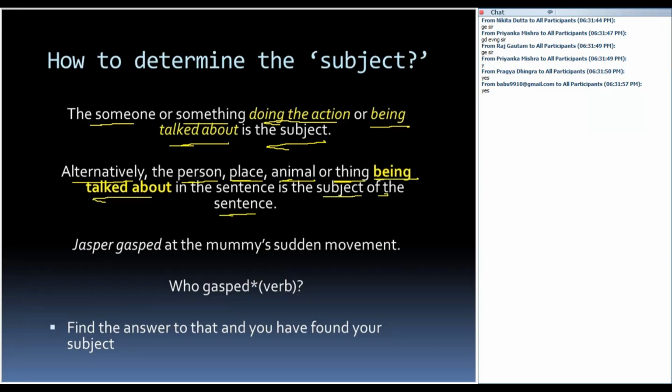Very simple. For example, if I say Jasper gasped at the mummy's sudden movement, Jasper gasped at the mummy's sudden movement. If you ask yourself who performed the action, who gasped, we all know it is Jasper. So immediately we know that the subject of this sentence is Jasper. Okay? This is a very simple way.